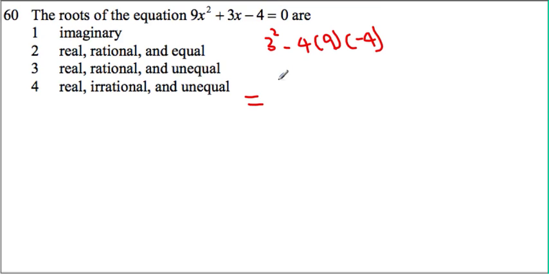Now then, let's see what we end up getting. 9 plus 144, which is greater than 0, obviously. Now, when you combine them together, it's not a perfect square. So therefore, since it's not a perfect square, the roots are irrational, which is choice 4.